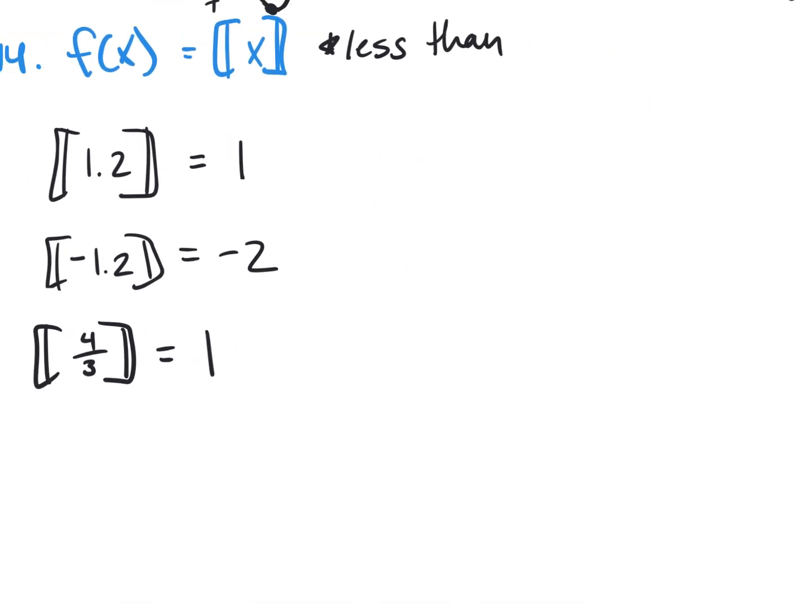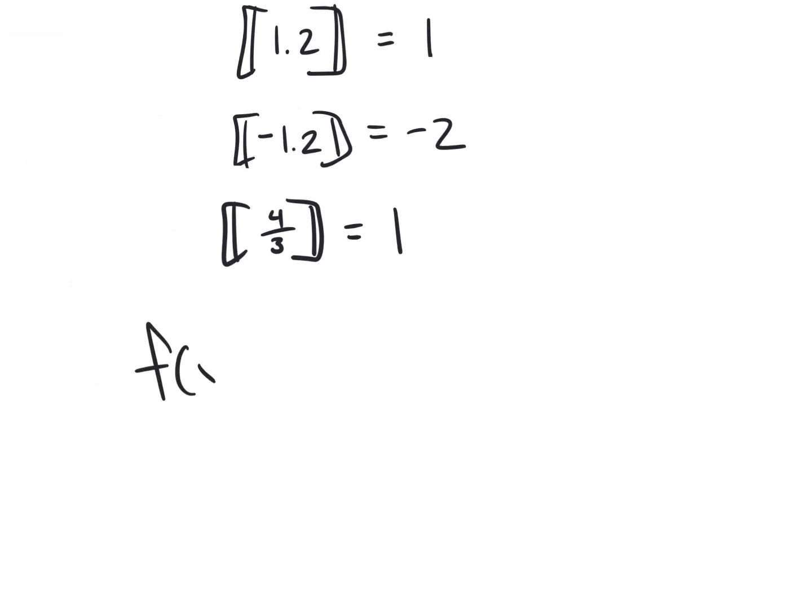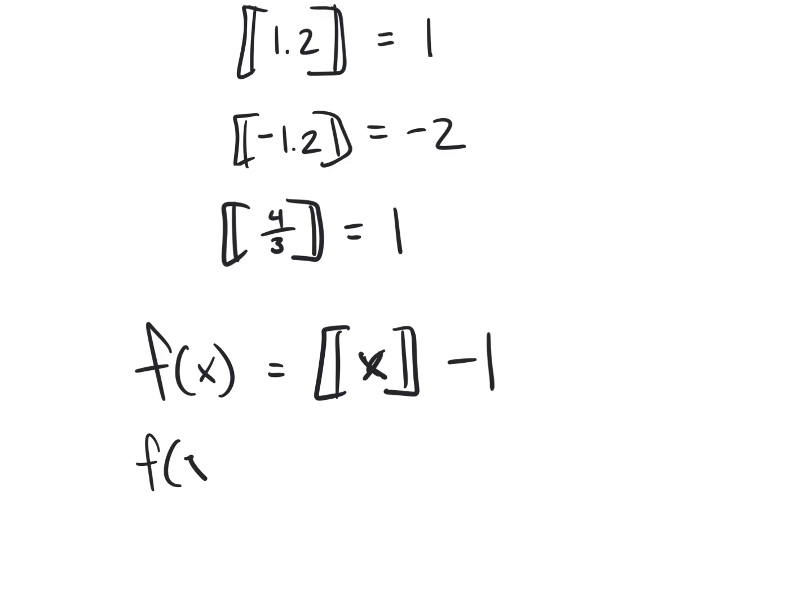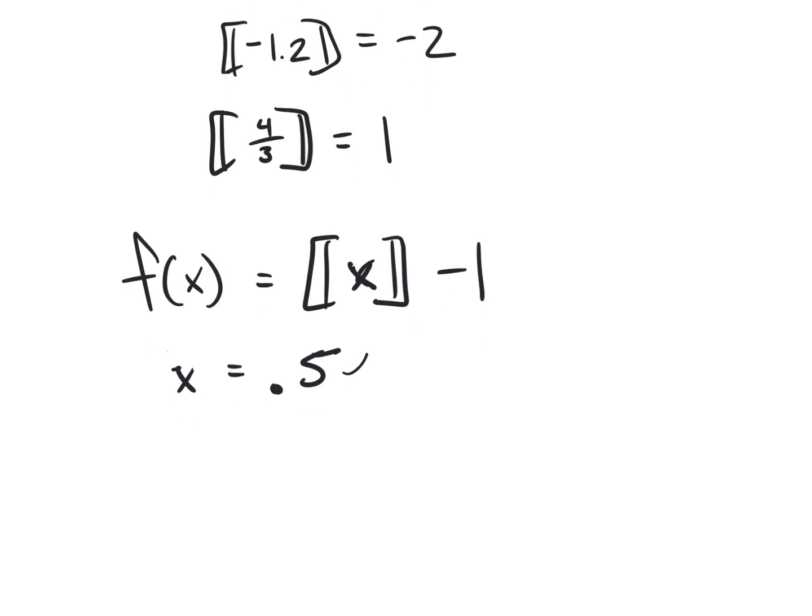What if, let's make it more challenging. Let's say f of x equals the greatest integer of x minus 1, and let's say x equals 0.5. So we'd plug the 0.5 in.